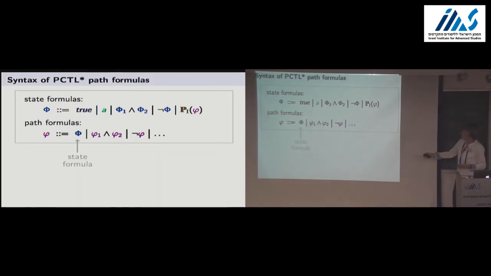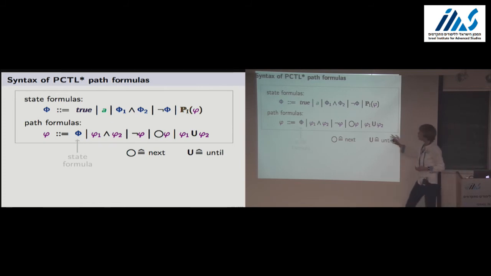Let's turn now to the syntax of path formulas. So we also have propositional logic, but now the atoms are state formulas. So we can switch back and forth, generating state formulas using path formulas, and here we can use again state formulas. This means we have the propositional logic fragment, and we have the next and the until operator that you have seen in Orna's talk.